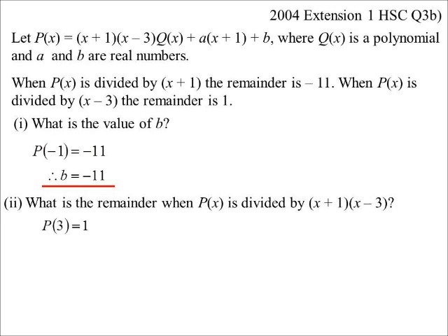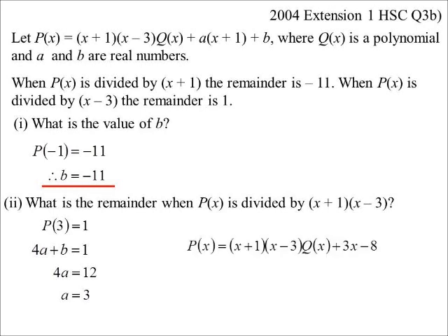So that tells me 4a plus b is equal to 1. So I now know a is equal to 3. So there's my polynomial. X plus 1, x minus 3, qx plus 3x minus 8. So 3x minus 8 must be the remainder, because the rest of it is factorised with x plus 1, x minus 3. 3x minus 8.